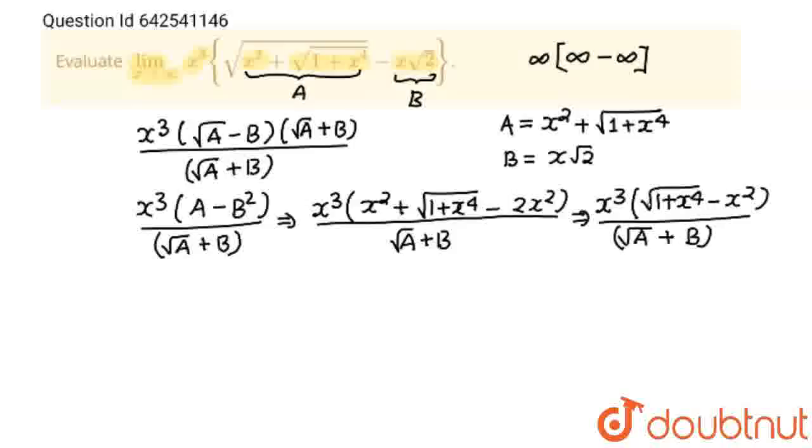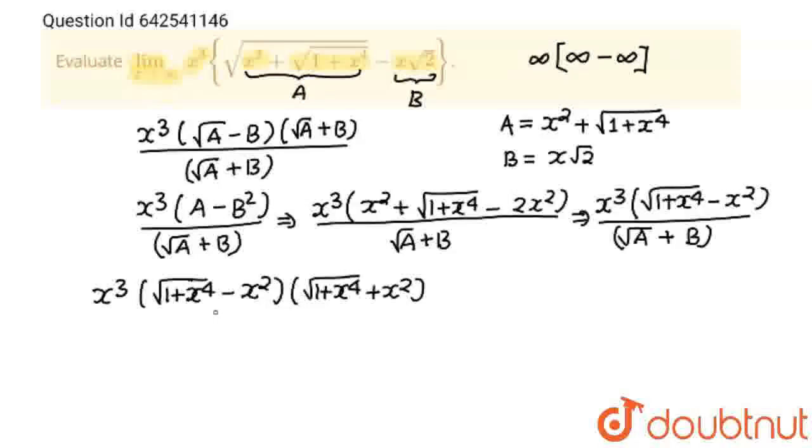Okay, now I am going to rationalize this once again. So this will be x cube, and this will be square root of 1 plus x to the power 4 minus x square, into square root of 1 plus x to the power 4 plus x square, upon square root a plus b.